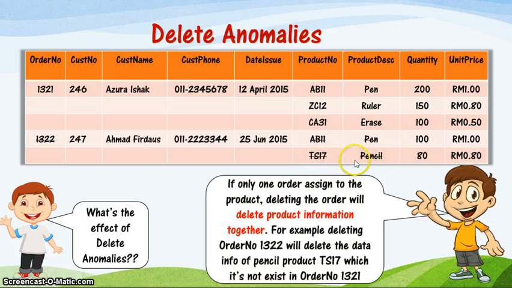Instead, we want the info of the pencil to still exist in the data, but it's deleted. The pen is okay because order number 1321 has the info of the pen, but the pencil is deleted together. In other words, deleting an order number will delete the info of the product together. This is the example of delete anomalies.